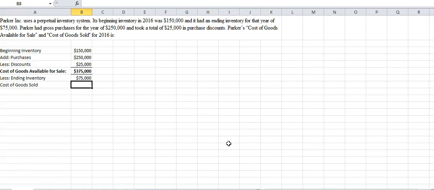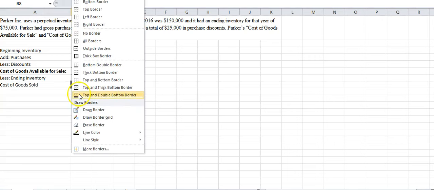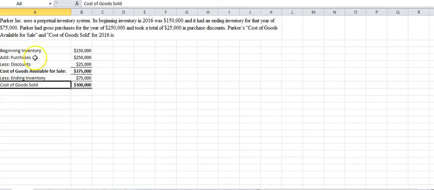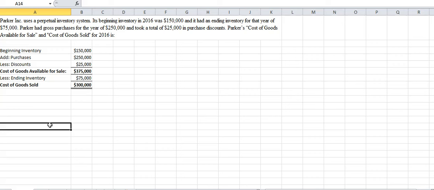You must have sold 375 minus 75. You must have sold $300,000 worth of inventory. Okay, so that's the answer. Cost of goods available for sale was 375,000 and cost of goods sold was 300,000, and that's how you calculate it. Okay, let's go to the next problem.